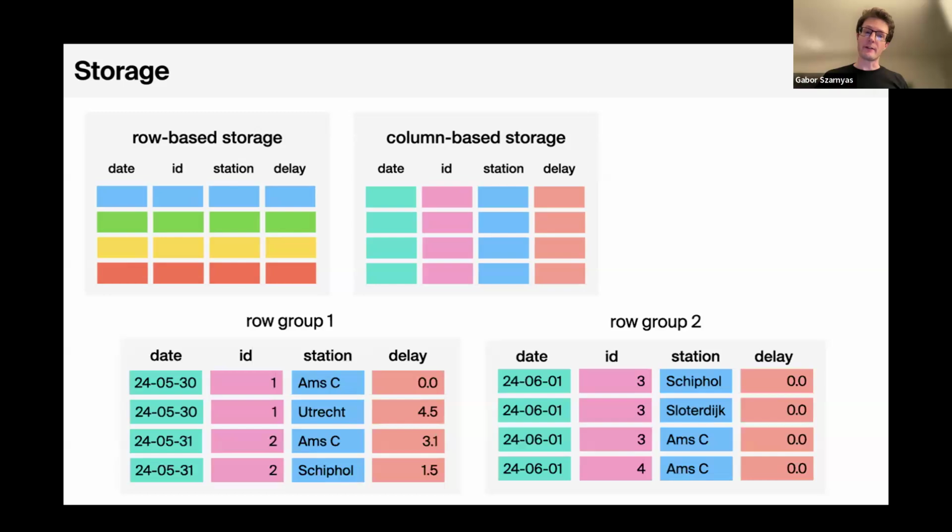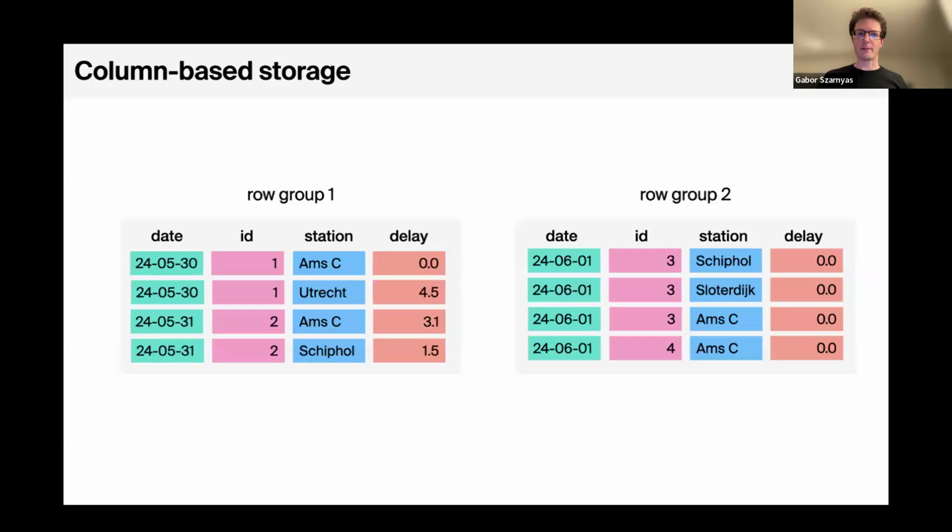In the railway dataset, we can take something like this. We have railway services in May 24 and June 24 in these two row groups, and we have some information like IDs, stations, and delays. What's really great about this is that you can compress it really well.